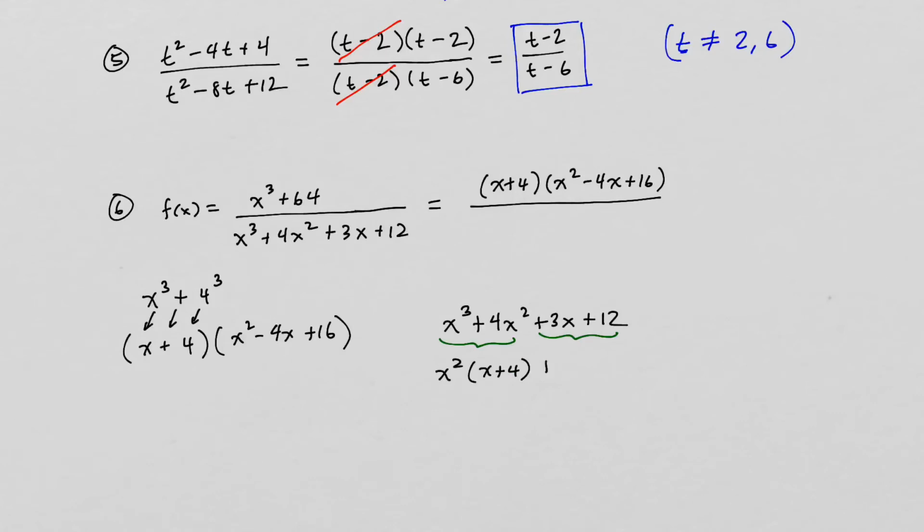Plus, out of the second set of terms, we can pull out a 3, which also leaves us with x plus 4. And now you can see we have a common factor of x plus 4. So we get x plus 4 times what's left over, which is, of course, x squared plus 3. So that is the factorization of the denominator.